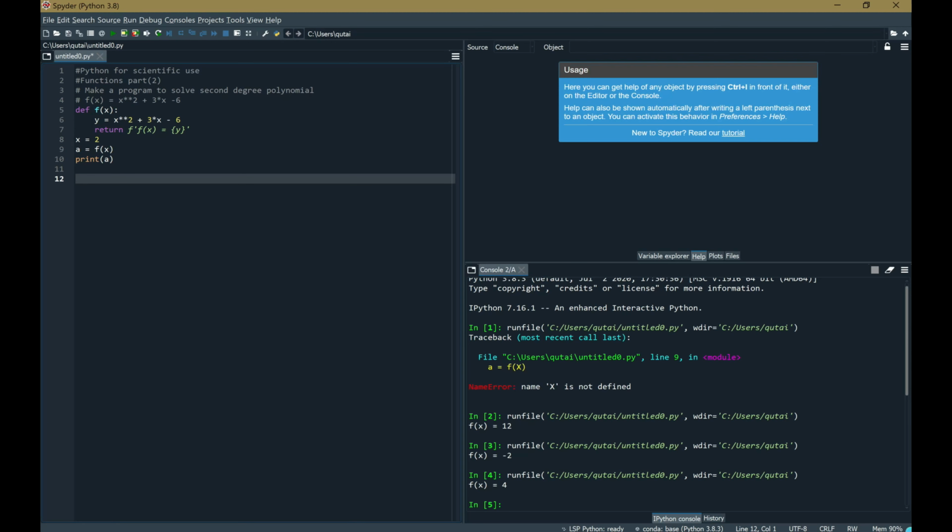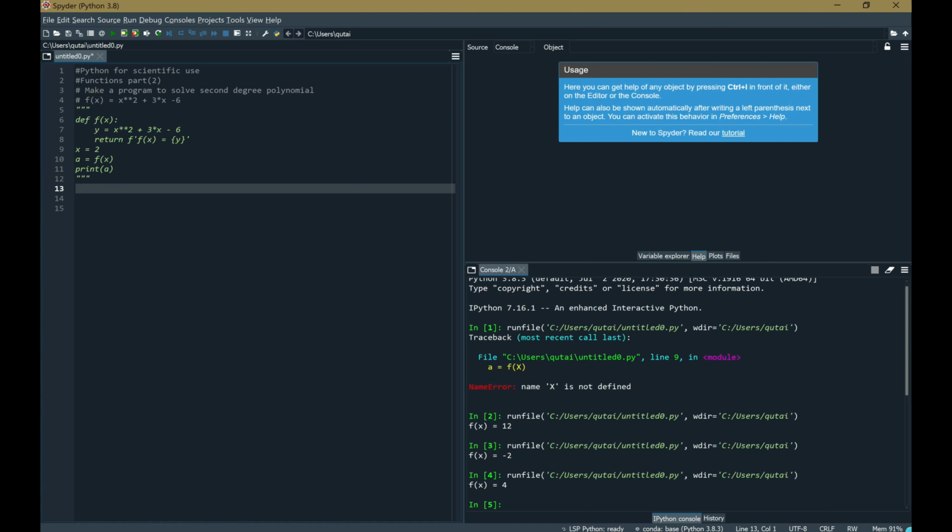Here let's make it a little bit more difficult. We want to make a function to solve a quadratic equation. Make a program to solve a quadratic equation.